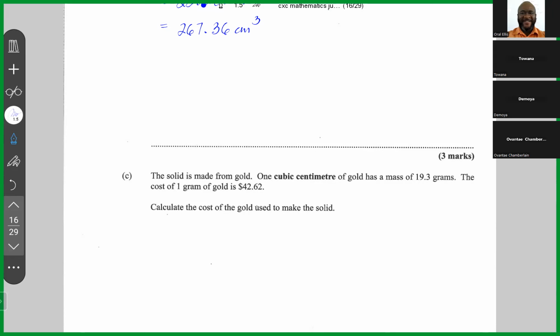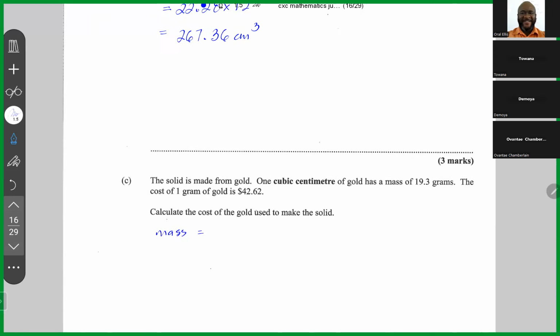We're told that the cost of 1 gram of gold is $42.62. We're to calculate the cost of the gold used to make the solid. The first thing we need to know is the mass of the solid.